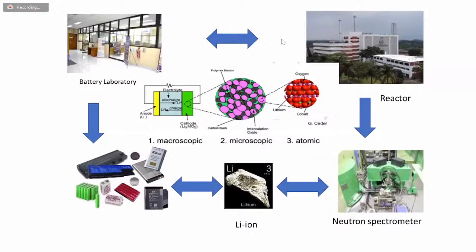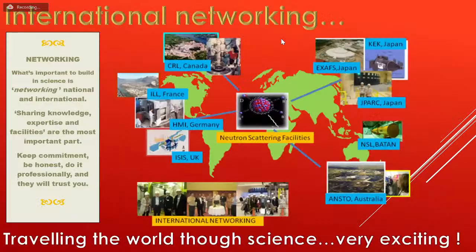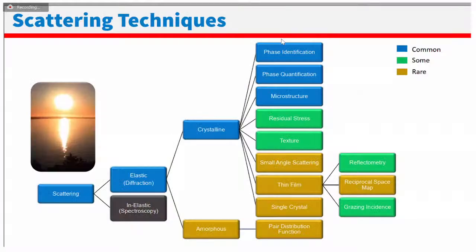The collaboration is mostly on the neutron, but sometimes I also went to the synchrotron, for example the one in Japan. We have the XAFS, or also Diamond and ISIS, besides other spallation sources.